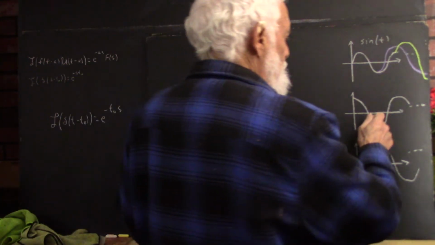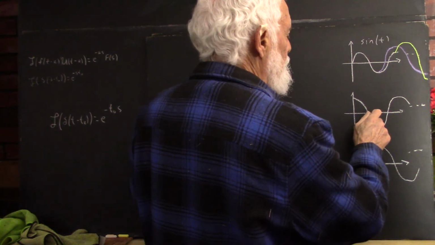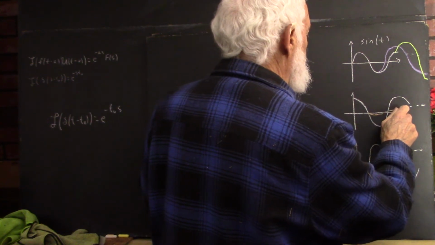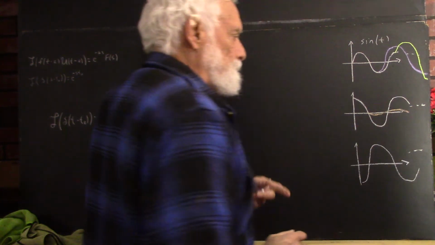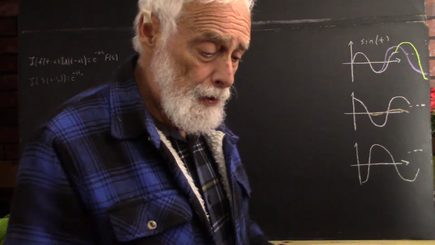So we could, for example, at this stage, hit the thing with an impulse here, and then what might happen is we end up with a very small oscillation. You saw that.